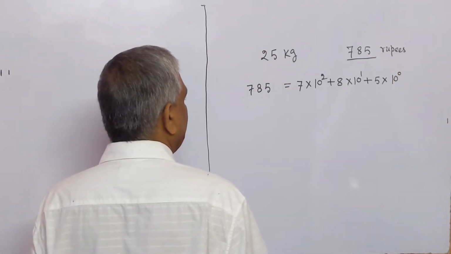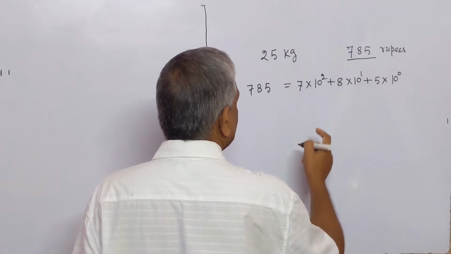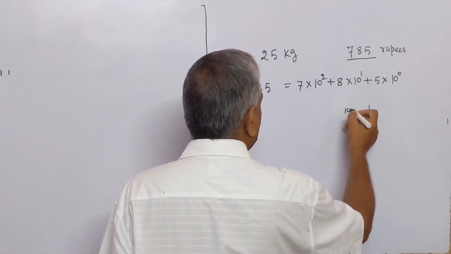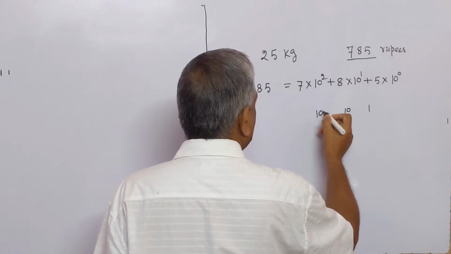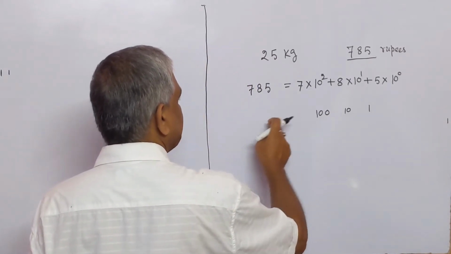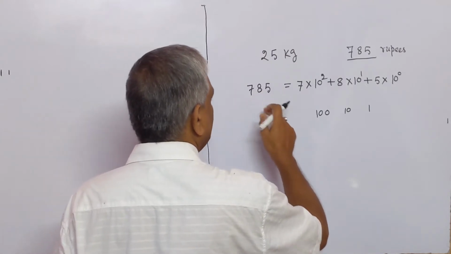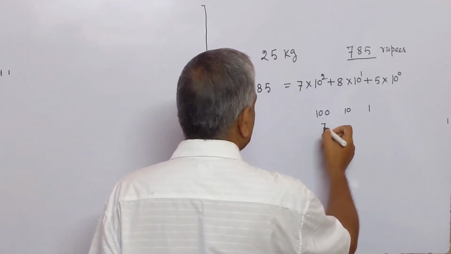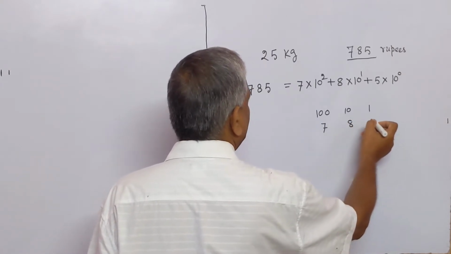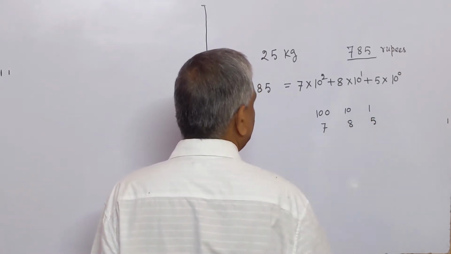We may also write this as unit, tens, hundreds, and in this way we write the places. Here 7 is in hundreds place, 8 in tens place and 5 is in unit place.